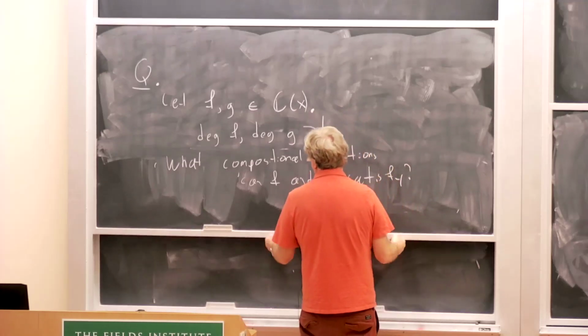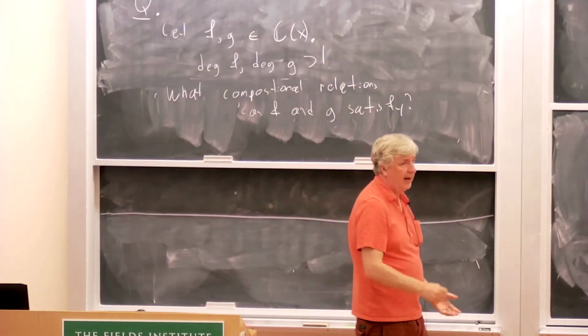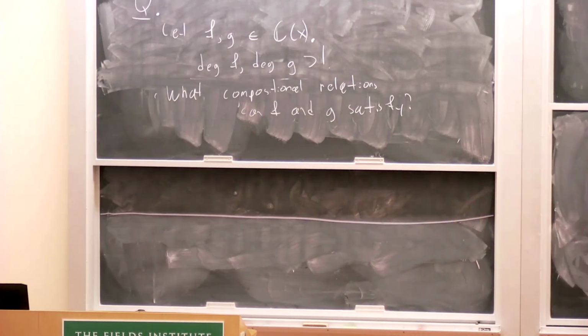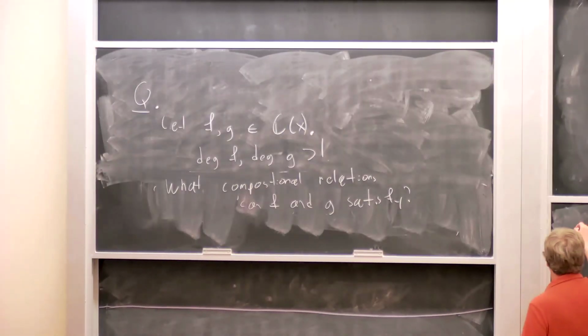What do I mean by that? I mean, what kinds of non-equivalent words in f are equal to non-equivalent words in g? I think it's nice to do an example here.